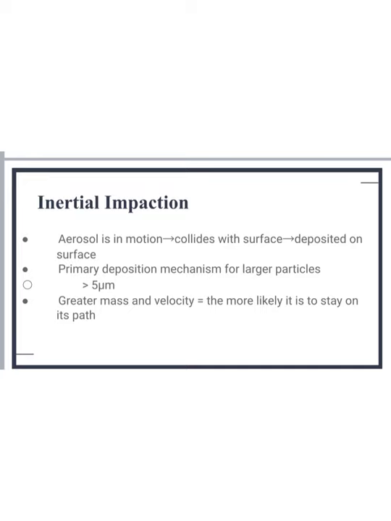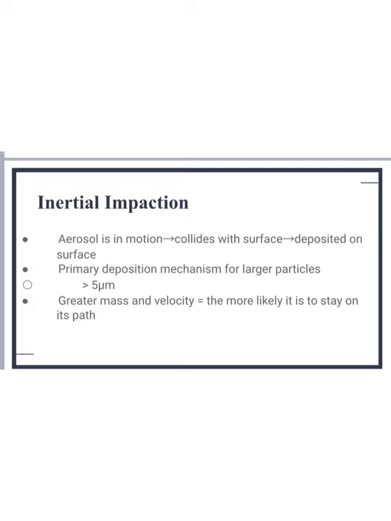So now we will move on to the mechanisms of aerosol deposition. The first one is inertial impaction. This is primarily for larger particles. The aerosols are in motion, and then they collide with a surface, and once they collide with that surface, they'll be deposited on it.